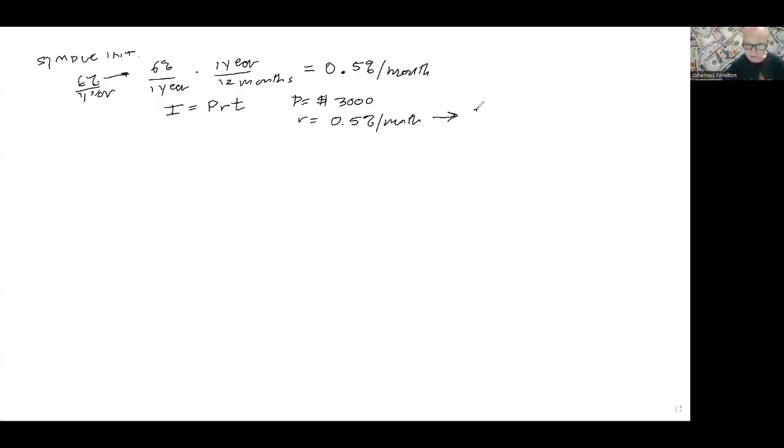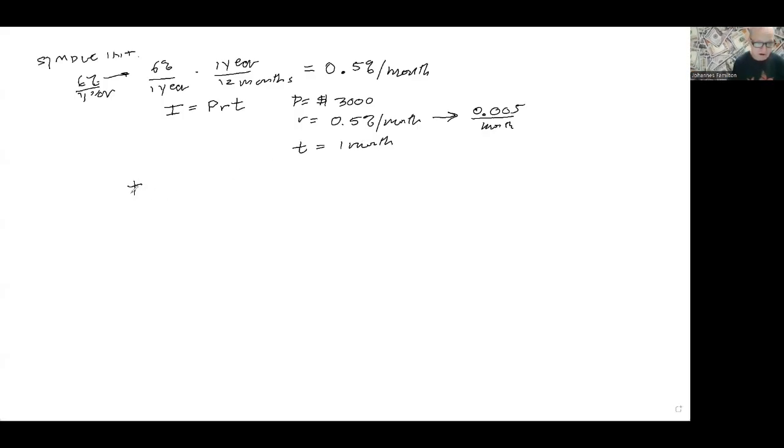So that's going to be 0.005 per month. And our time here is going to be equal to 1 month, since we're going to be getting our interest monthly.